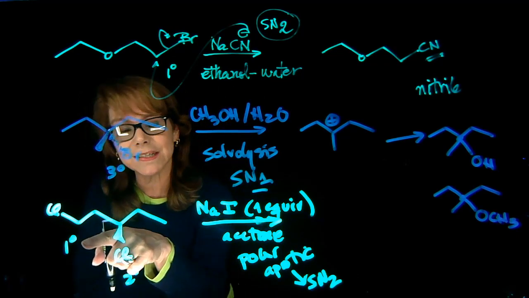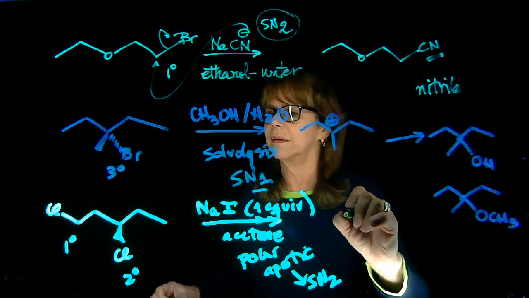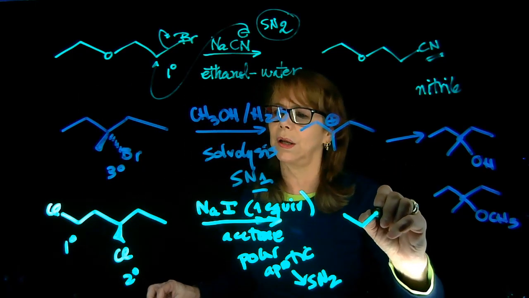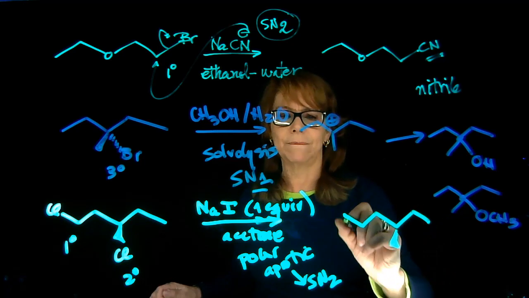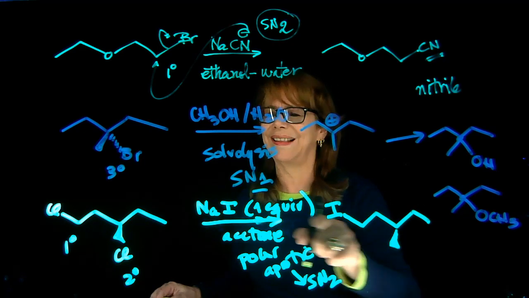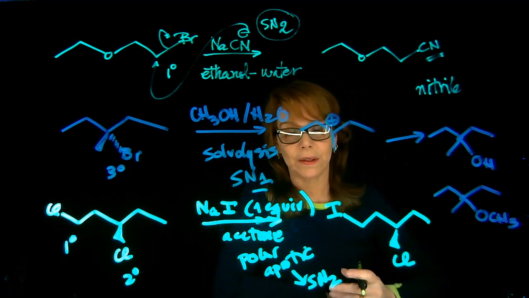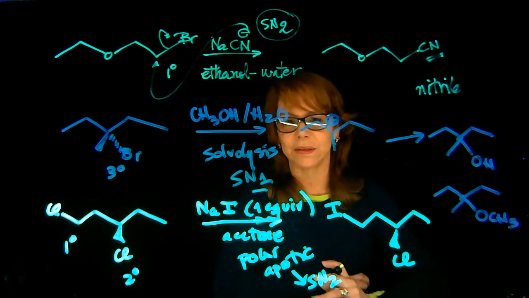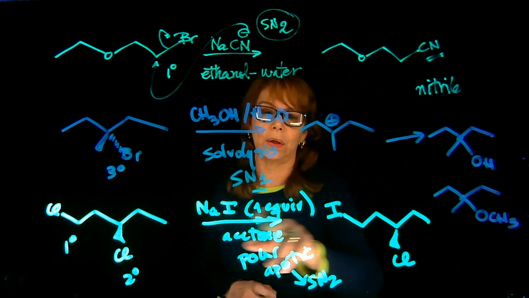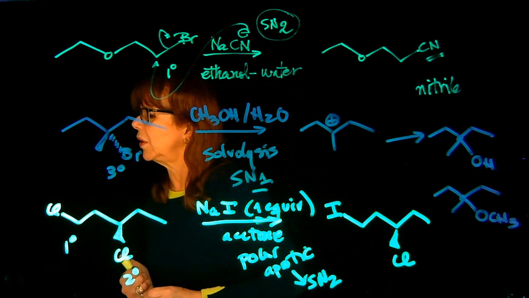And the other thing is that we don't have a chiral center, so no consideration about the configuration. So simply, you are replacing the halide that is primary. The other stays the same. If the conditions were excess sodium iodide, then you would most likely replace both, but this is the one that reacts first.